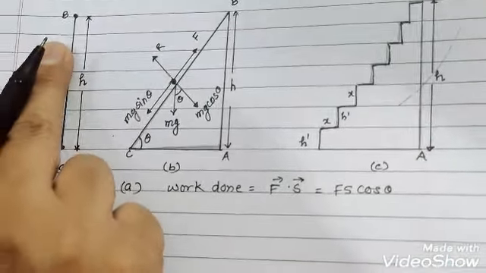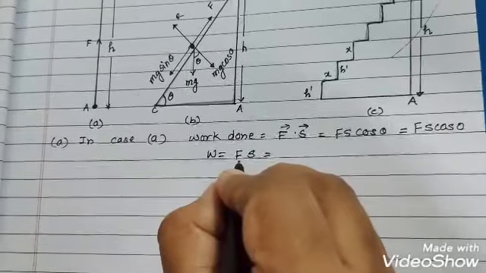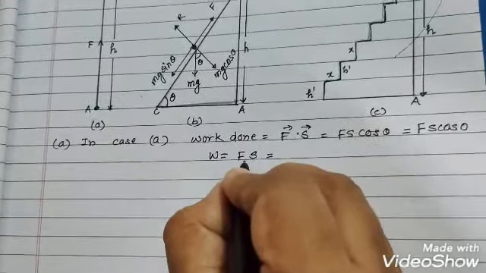That means angle theta is 0 here, so this is equal to Fs cos 0, and the value of cos 0 is 1, so the work done is equal to Fs. Here the force is mass into acceleration, and the acceleration working is the acceleration due to gravity.